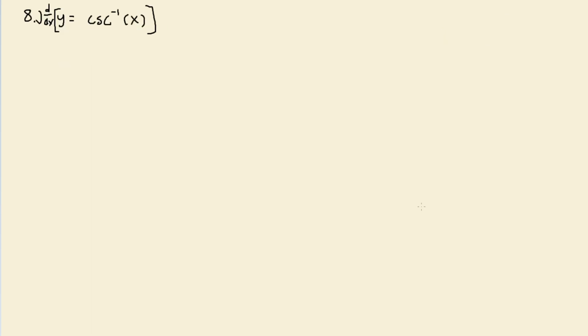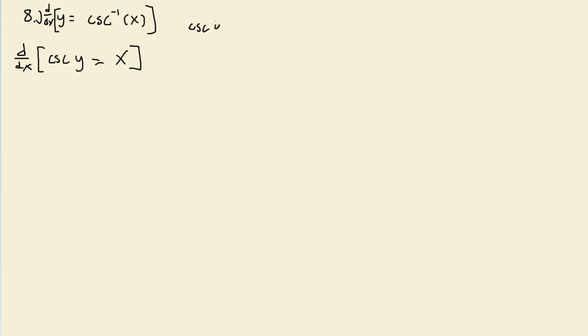So the derivative for arc cosecant is going to proceed in a very similar fashion. We can go a little bit quicker through this. So once again, we're just going to do cosecant of y is equal to x here, and we're taking the derivative of this entire expression with respect to x. When we take the derivative of the left side here, I just want to remind ourselves what the derivative of cosecant is.